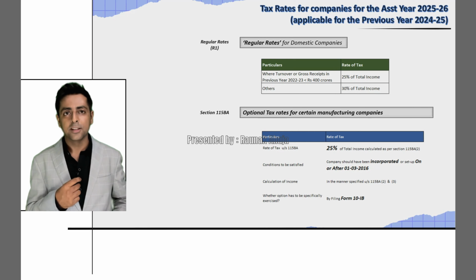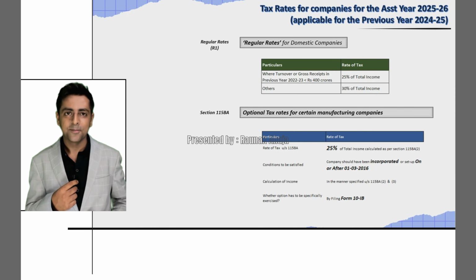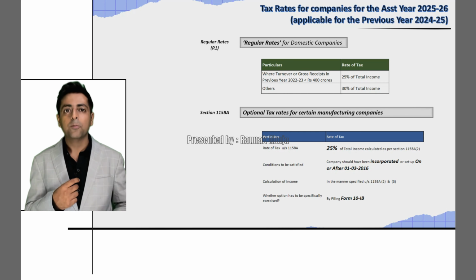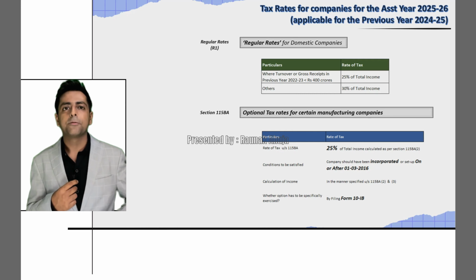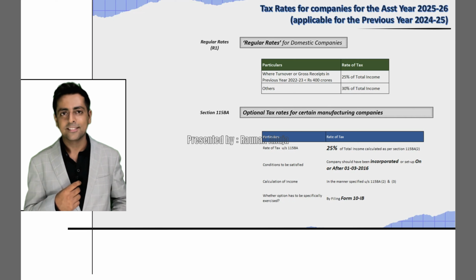The rate of tax here would be 25% of the total income calculated as per subsection 2 and subsection 3 of 115BA. However, the manufacturing company would be allowed to opt for this tax rate only if it has been incorporated or set up on or after 1st of March 2016.